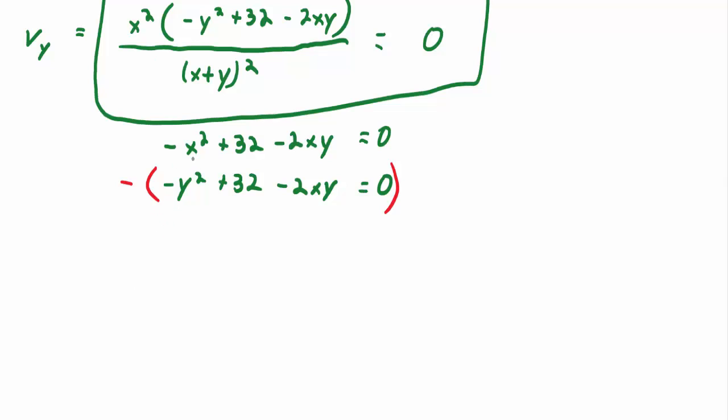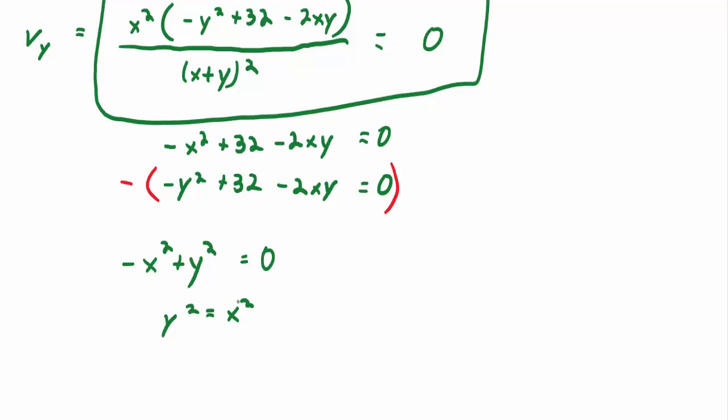We get negative x squared plus y squared actually, right? You've got to distribute the negative. Negative x squared plus y squared, that doesn't go away, but doesn't 32 minus 32 go away? And then this will become plus 2xy, negative 2xy goes away, 0 minus 0. We get negative x squared plus y squared equals 0, or just y squared equals x squared.